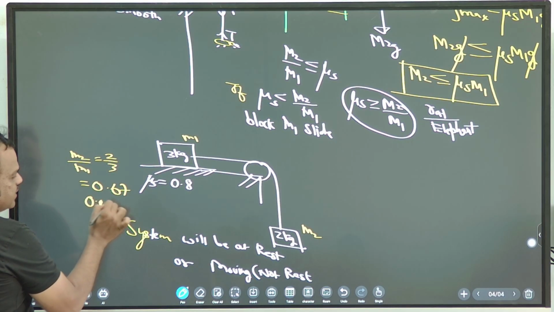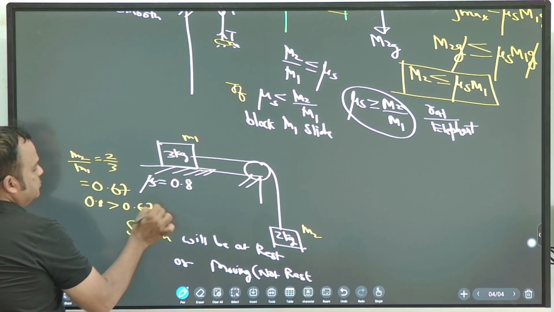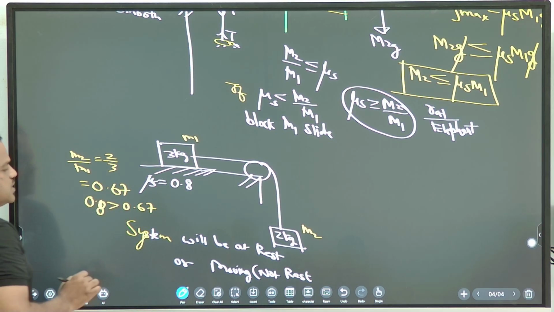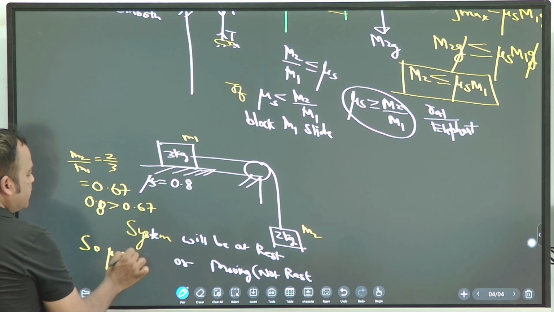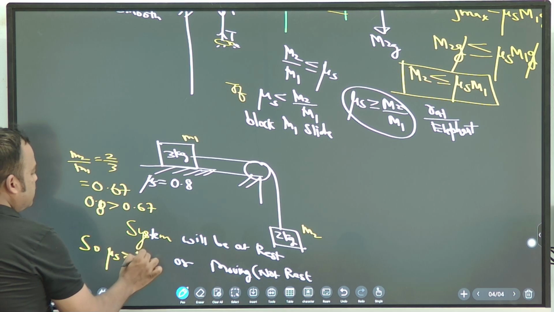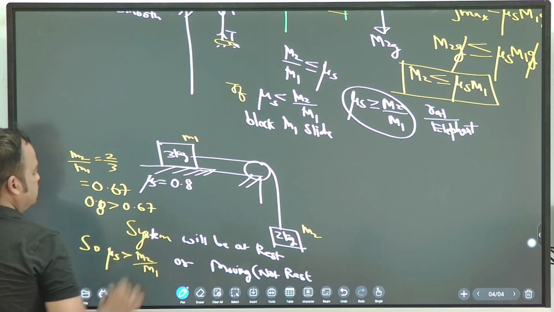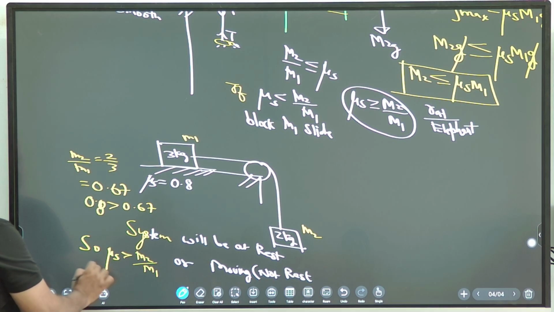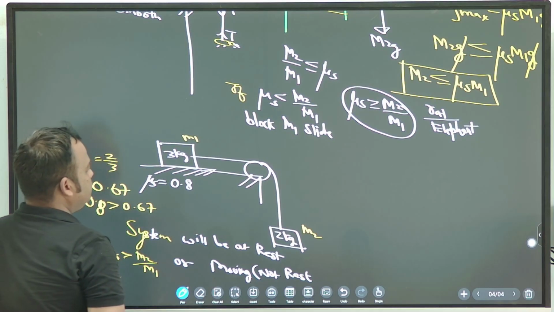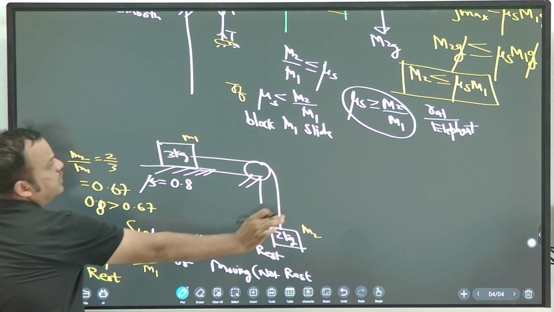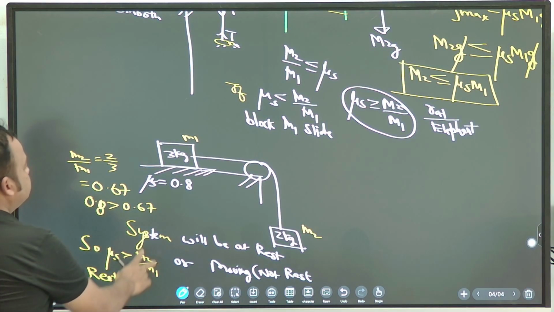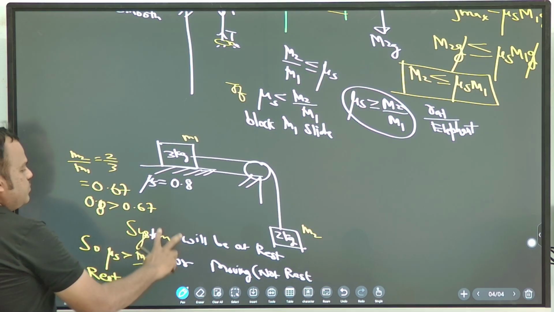So 0.8 is greater than 0.67. So mu s is greater than M2 by M1, so it will be at rest. So the block is at rest. This is also at rest. Okay, finish.